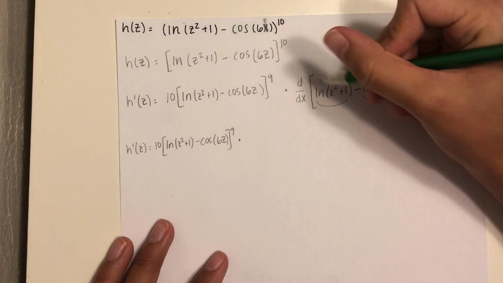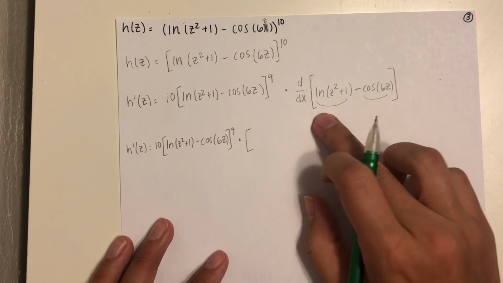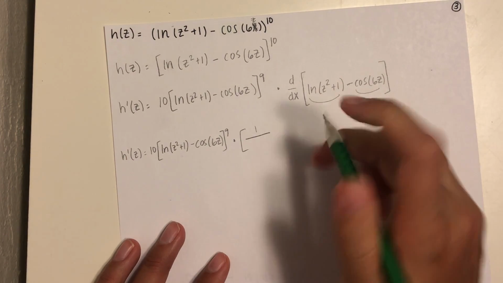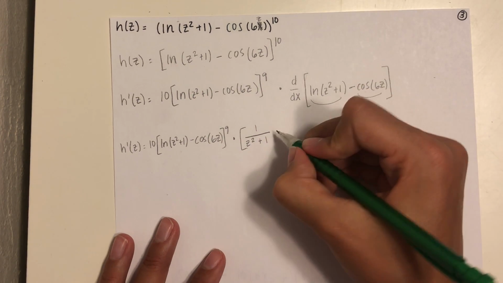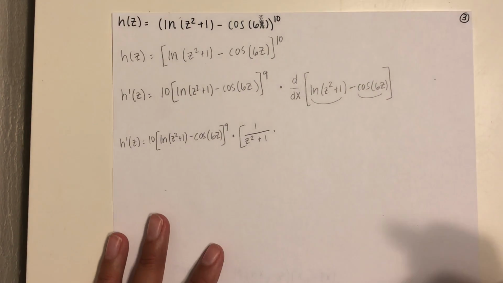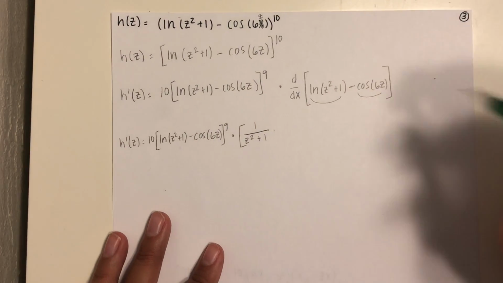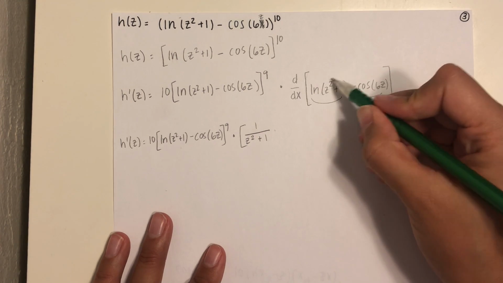This is the parentheses, so I'm going to deal with what's outside of that first. So natural log, the derivative of natural log is 1 over whatever's inside, so z squared plus 1 multiplied by, and I'm going to skip the step where I write this part out again, but we're multiplying this term by the derivative of what's inside that.